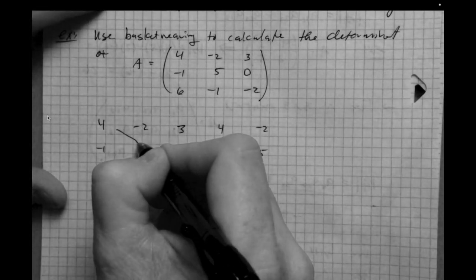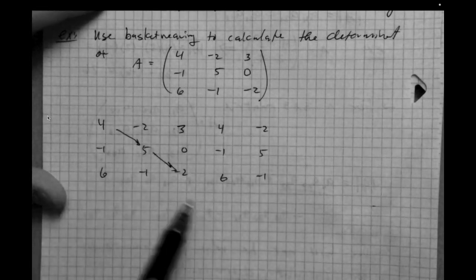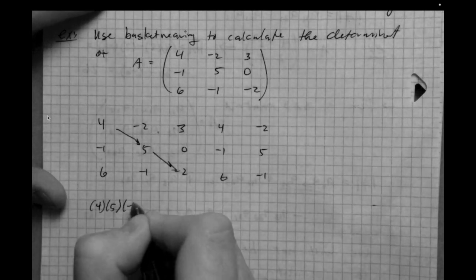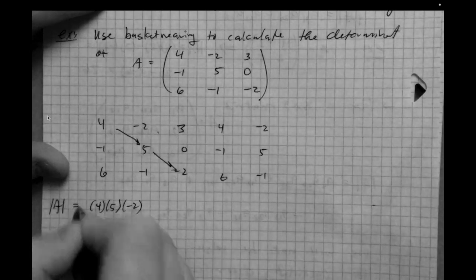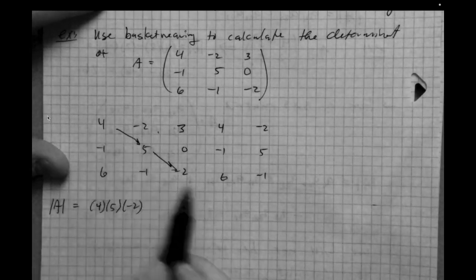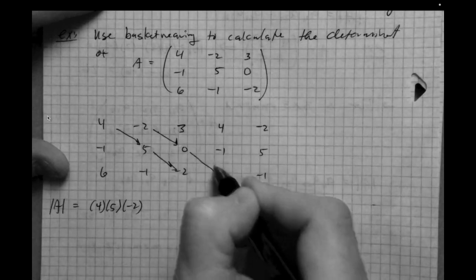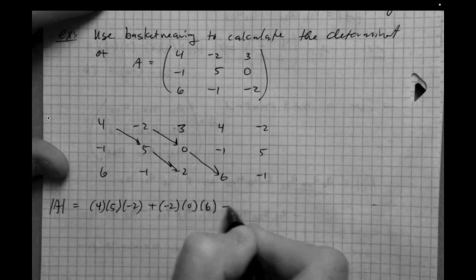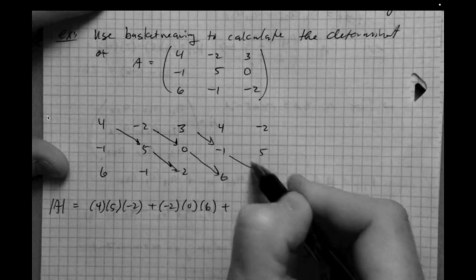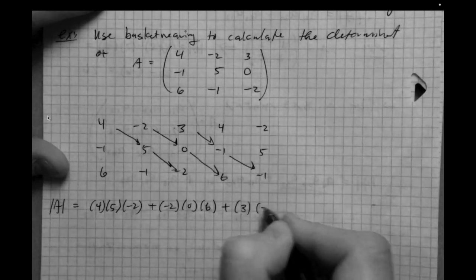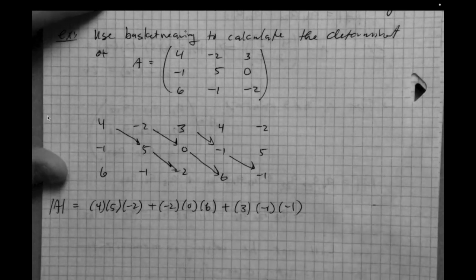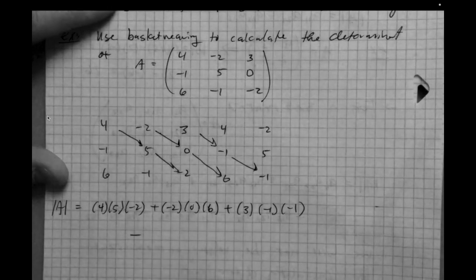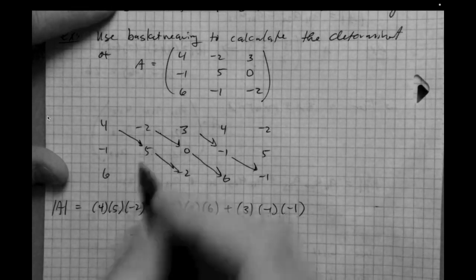We've got to multiply those three together, so we'd have 4, 5, -2. The determinant is going to be equal to those three, plus those three, plus those three. Those are all the arrows in the right direction, and then the left direction are negative.